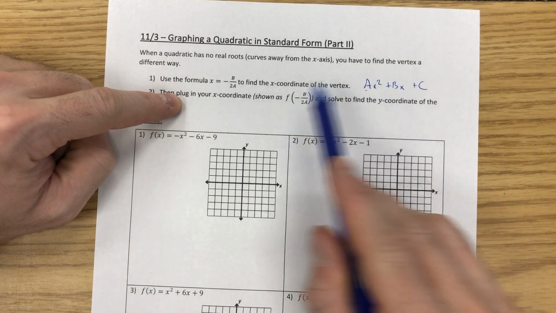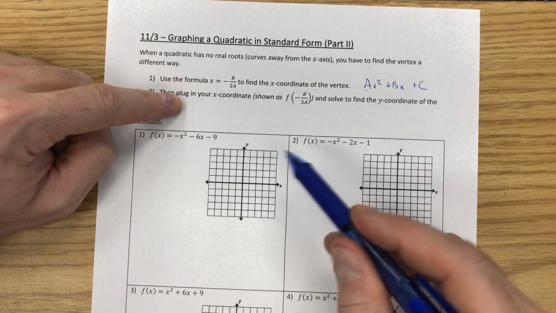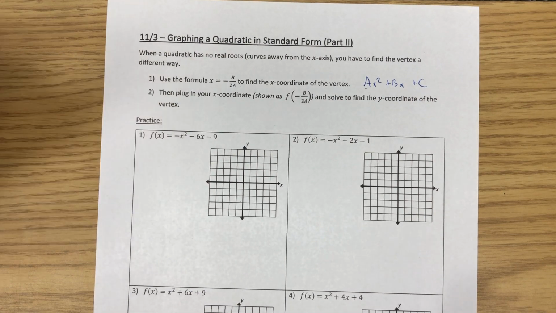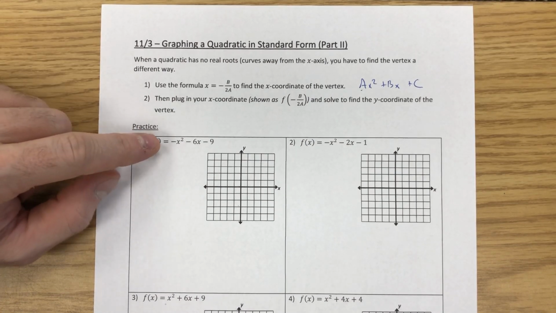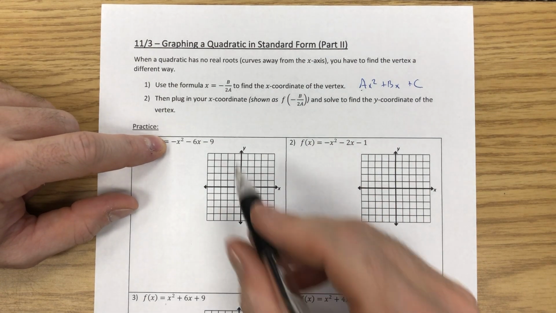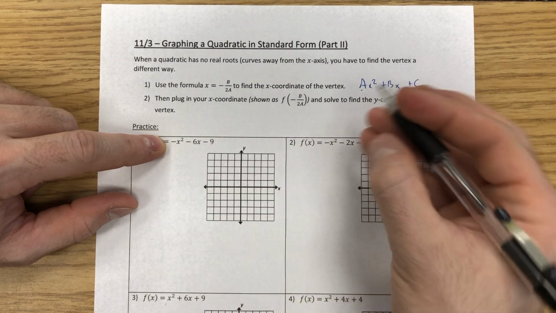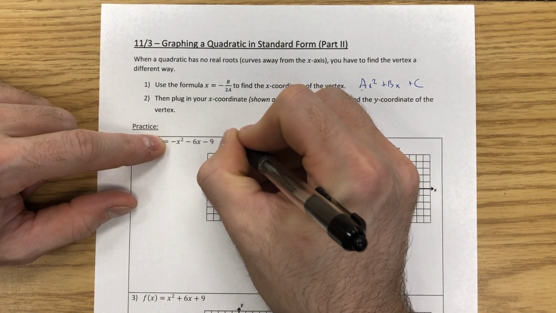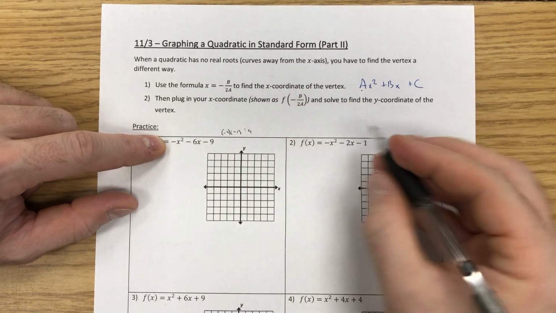Then we're going to plug whatever we get for this into our function and reevaluate, which will give us our y coordinate. Now, this is built off the idea that if I were to try and hand factor this, I would be having to come up with factors of negative 9 times negative 1, which would be positive 9.